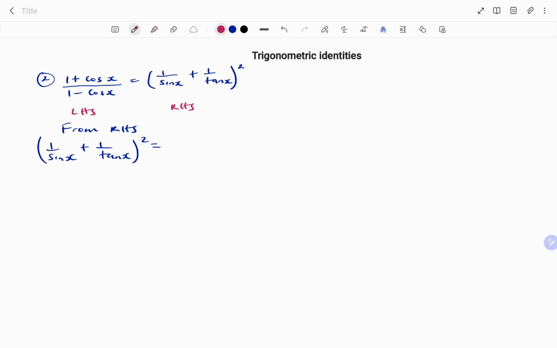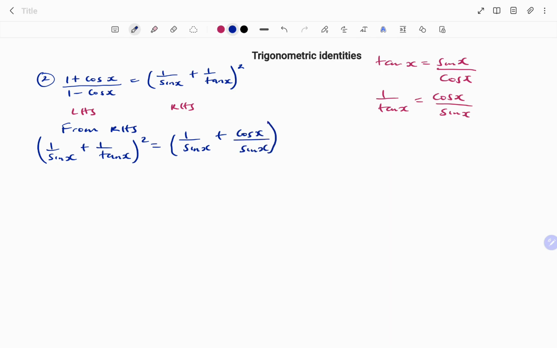From our trig identities, tan x equals sine x over cos x, and 1 over tan x will be cos x over sine x. So replacing that in the expression, we have in brackets 1 over sine x plus cos x over sine x, all squared.